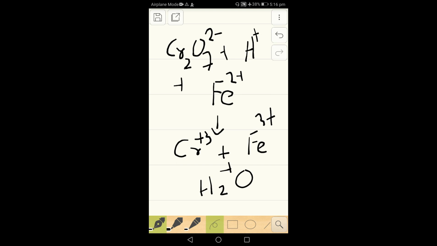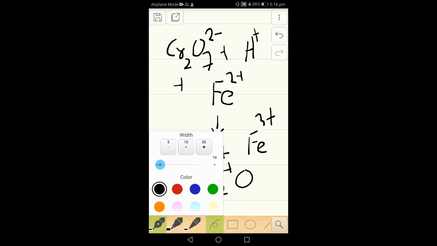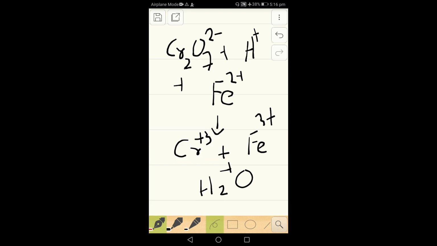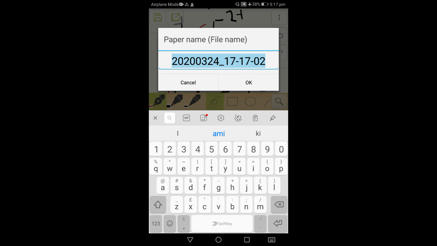Okay, so this is the reaction. Now let's put letters. Here I put A, here I put B, then C, then D, then E, then F.